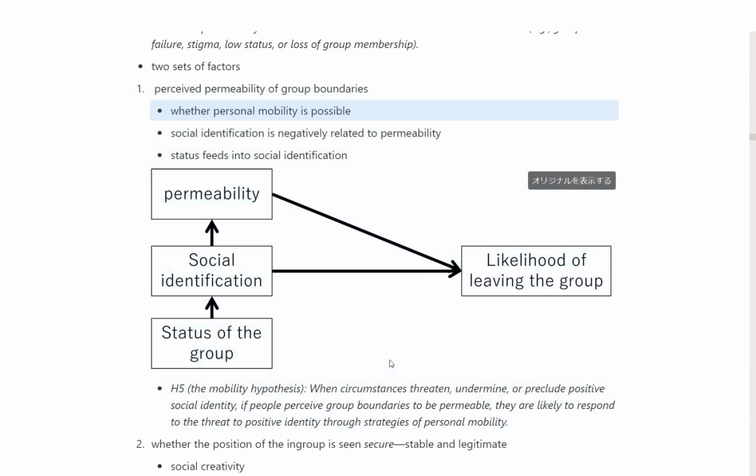So whether personal mobility is possible and whether social identification is... Permeability of group boundaries means whether personal mobility is possible or not. So it means, is it really easy or difficult to leave the group? And then also it's related to whether it is easy or difficult to re-enter the group.